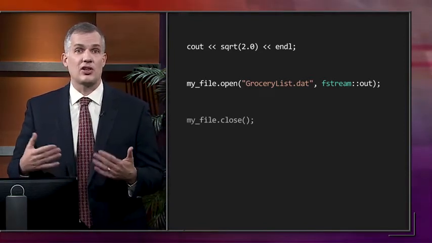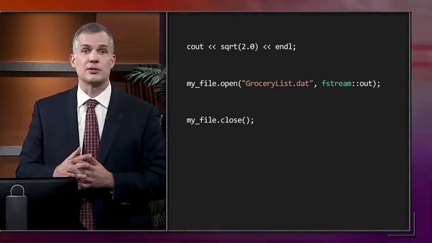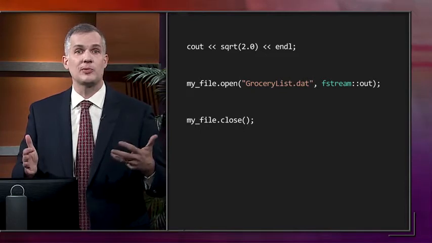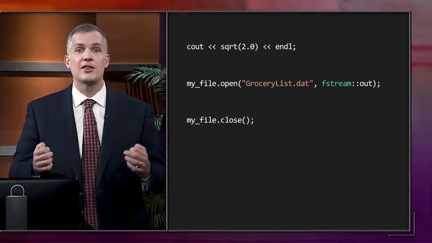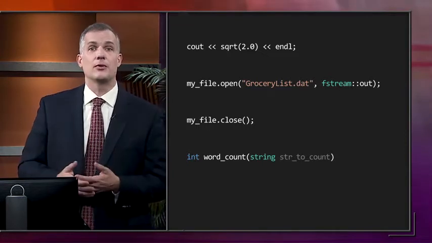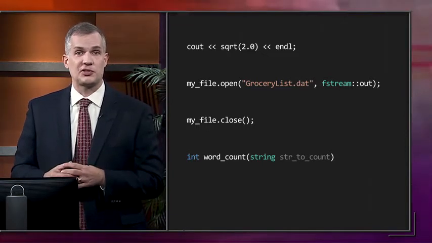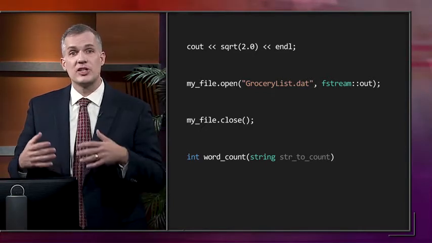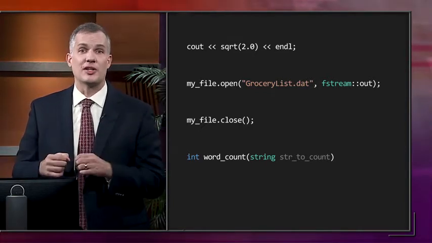And a function like close doesn't take any parameters. We can specify each situation, one, multiple, or no parameters, in the function header. We've already defined a function, word count, that took a single parameter, a string. If we have multiple parameters, we just separate the parameters with commas.